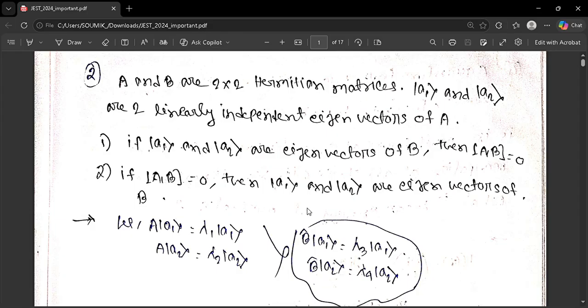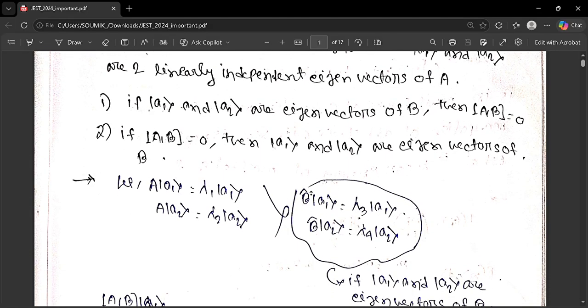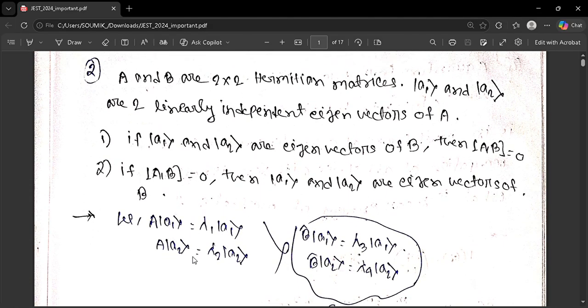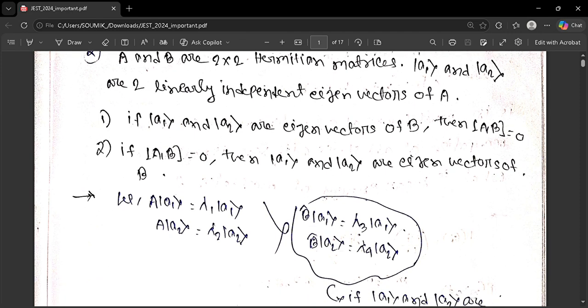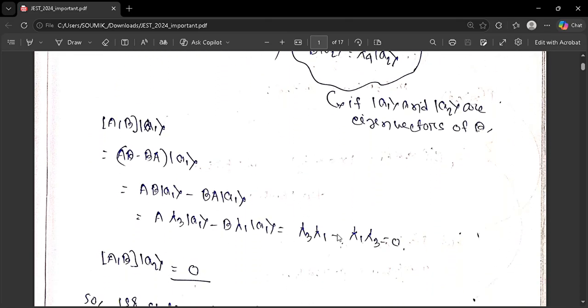Firstly, if small a1, small a2 are the eigenvectors of B, then we can write it in this way, and also small a1, small a2 are eigenvectors of A, so from this we can show that the commutator of A and B is equal to 0, and it will also be applicable for state a2.